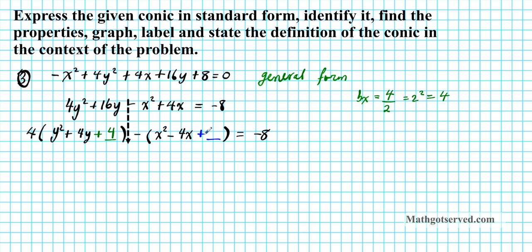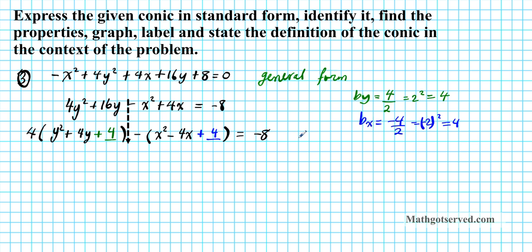Now b of x. B of x is negative 4. Divide that by 2, you get negative 2, and when you square that, you have 4. So 4 being added here makes this a perfect square trinomial.